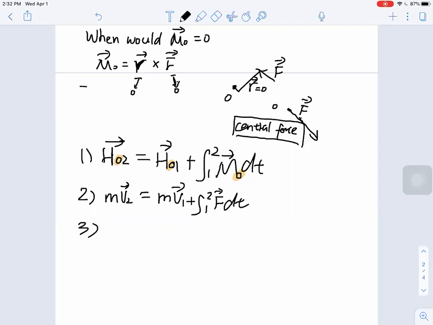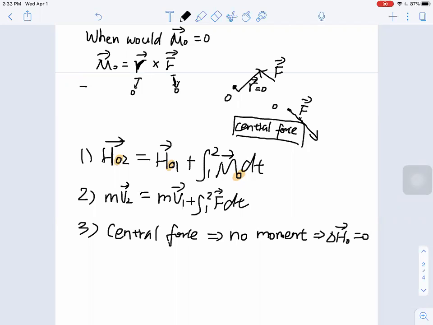Third thing is, remember the central force we're talking about. Those are the forces passing through that fixed point and generating zero moment. And that tells you delta H equals 0.